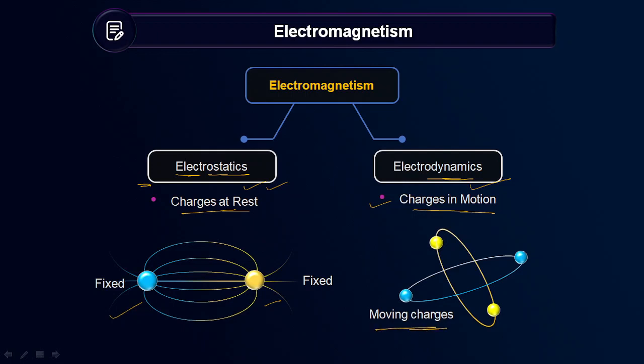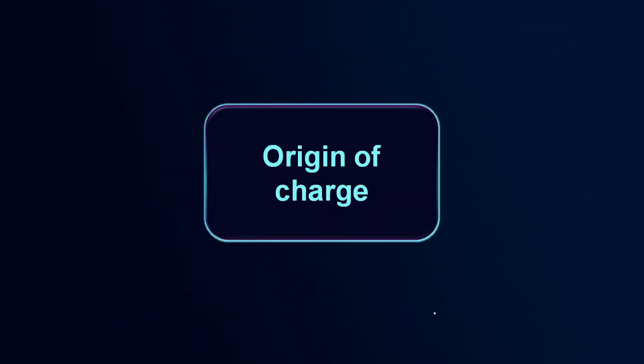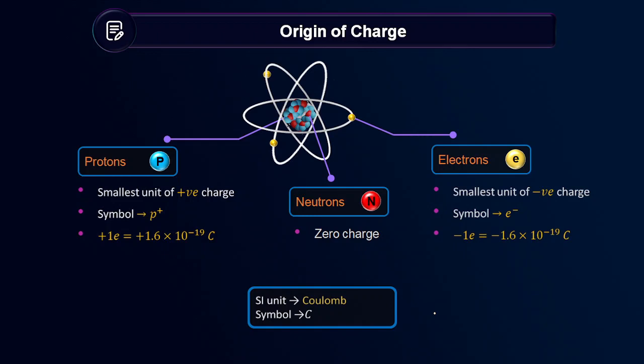Okay, first of all, when we talk about the origin of charges, we know that all materials are made of three fundamental particles: proton, neutron, and electron. Proton we consider as the smallest unit of positive charge. Behind this proton and electron, there is a story related to Benjamin Franklin.